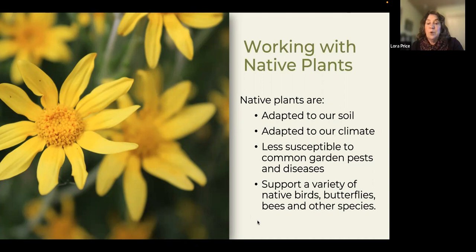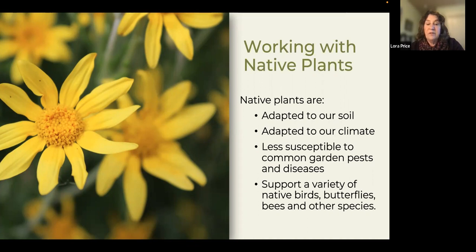And perhaps most importantly, our native plants support a variety of birds, butterflies, bees, and other species. In fact, a lot of our insects, especially the pollinators, prefer specific plants, especially the larval forms of all our butterflies and moths.